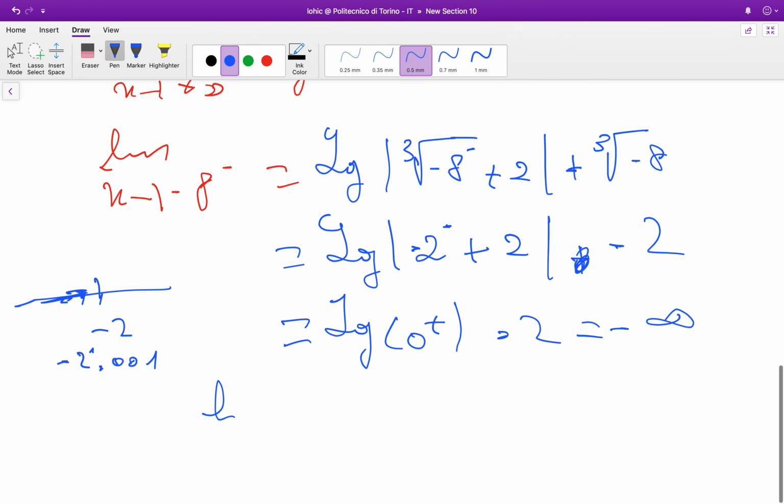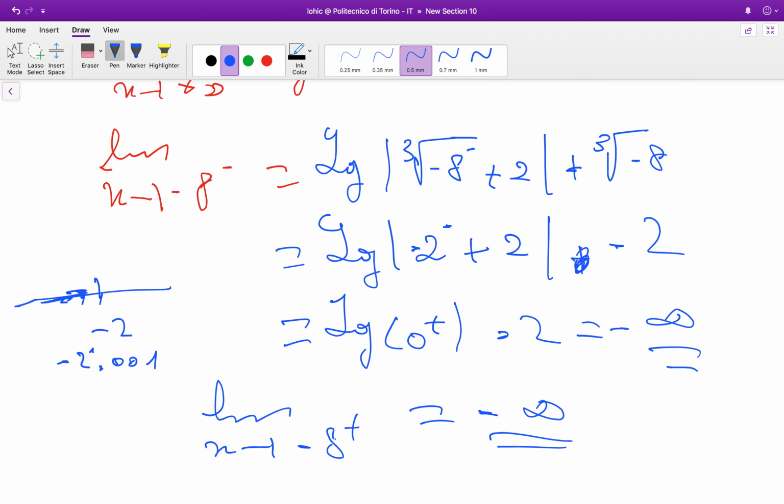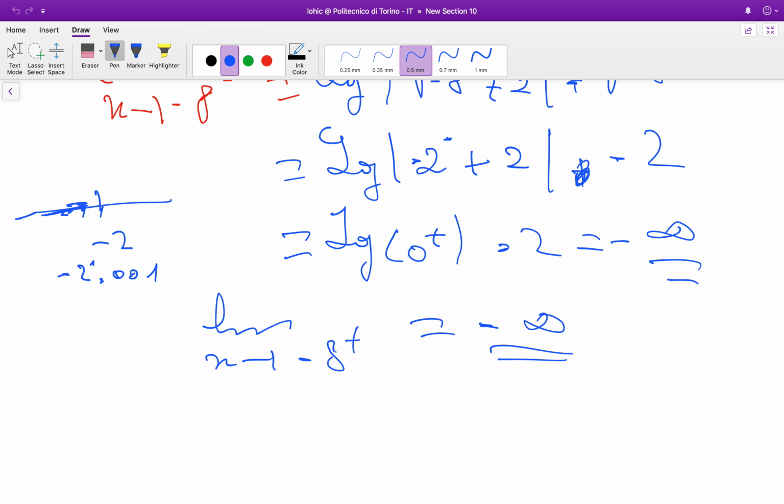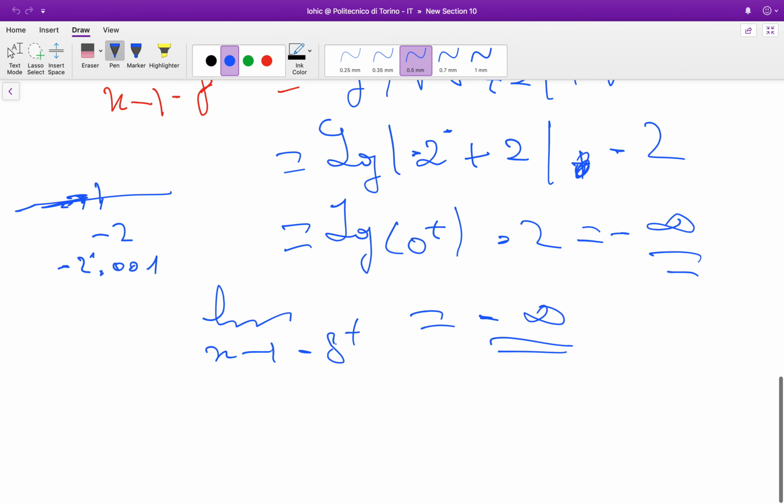Doing the same, you will get that the limit when x tends to minus 8 plus will also be minus infinity. Okay, because you will get the logarithm of 0 plus and a number, so it will be minus infinity. To summarize, we now got all the limits, and we can talk about the asymptotes.